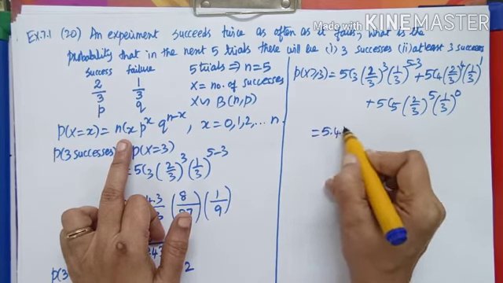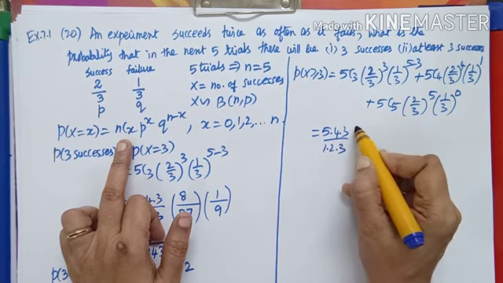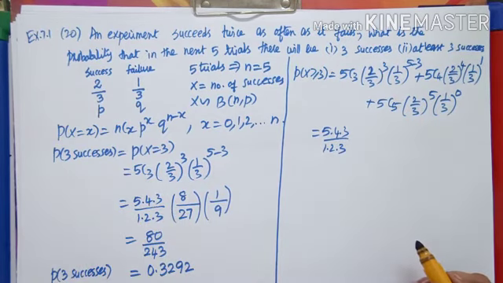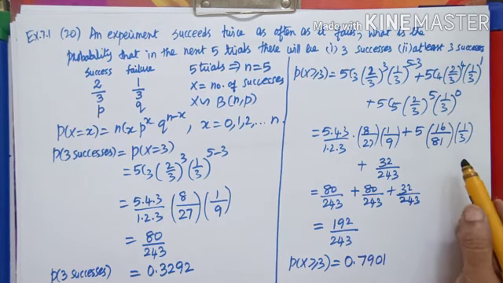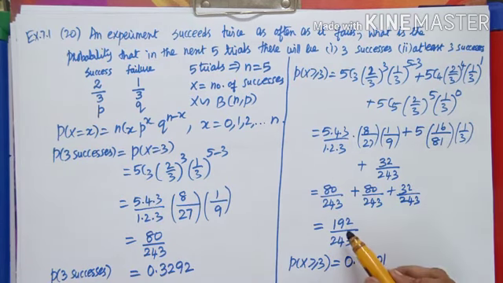You are thorough with the 5C3 value now. Find out the answer yourself. Just check your steps as you try on your own. Your answer might be 192 by 243 if in fraction, or 0.7901 if you use a calculator and simplify.